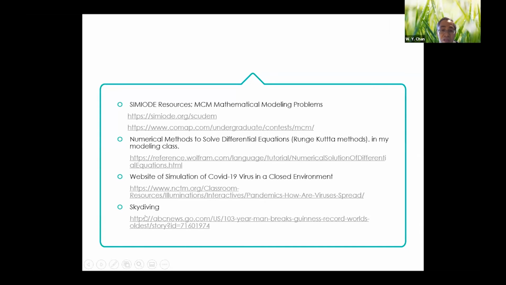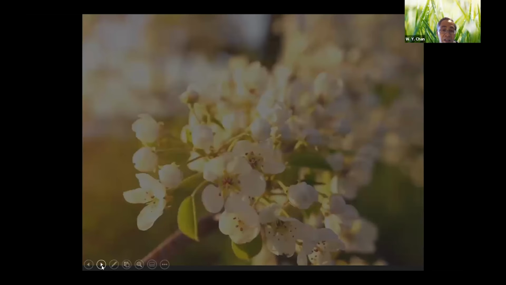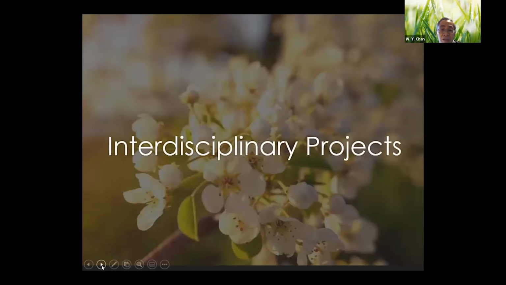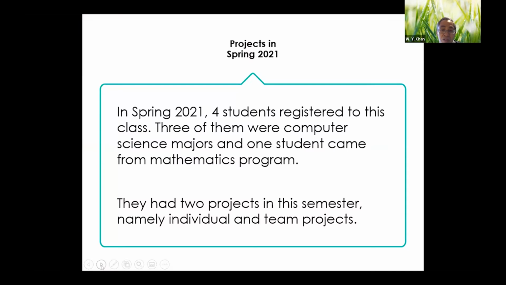So these are some resources we have. And then the next part is about the interdisciplinary project. There is one I referred to. We had 4 students register in the class in spring 2021. 3 of them are computer science majors, and 1 student is a math education major who has graduated already.